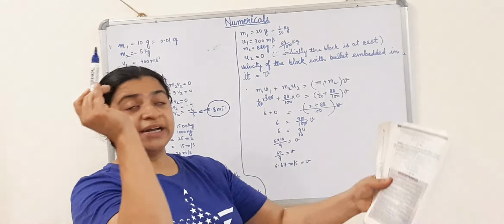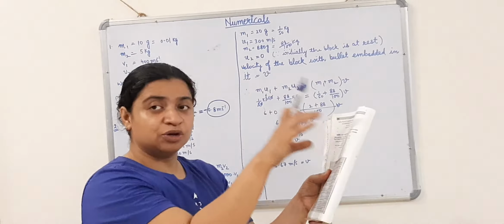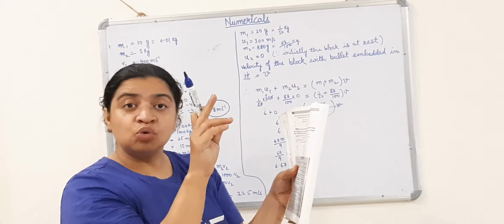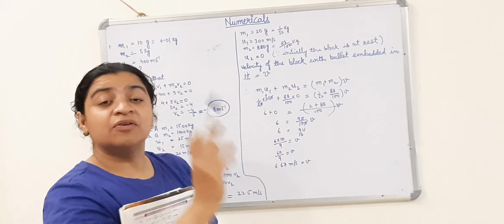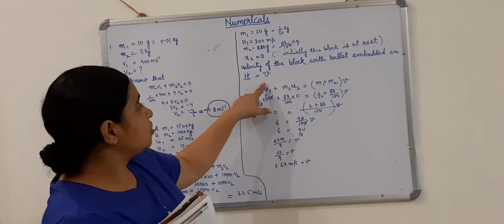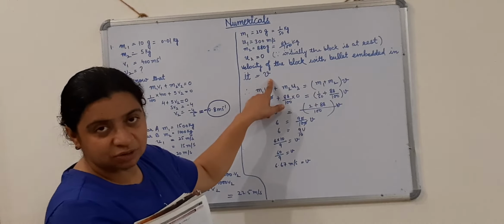Now as the bullet has embedded into the block, bullet has got fixed, it is stopped here only. So we will not get two velocities, we are going to get one velocity only. That will be the final velocity of the block with the bullet embedded in it, that is equal to v.